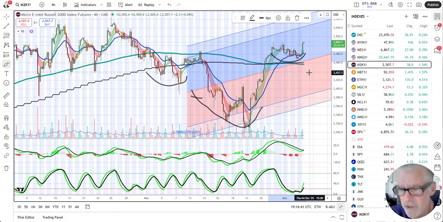Small caps, of course, are a play on the Fed cutting rates, the weaker dollar, and basically higher liquidity and lower borrowing costs. And when that happens, we're kind of getting a cascade of all those things at the same time. You get a nice burst in the small caps.